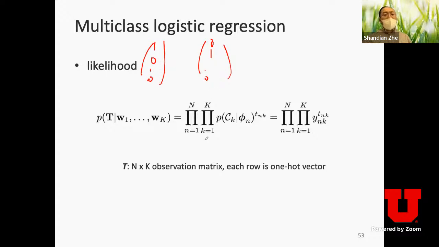And then we can write down the joint probability in this way. It's just a product of n likelihoods. And each particular likelihood is just a product of each probability to the power of the elements in this one-hot encoding. Right? That means for any particular element which is 1, the corresponding probability is selected. All the other probabilities will simply be removed because their power is 0.